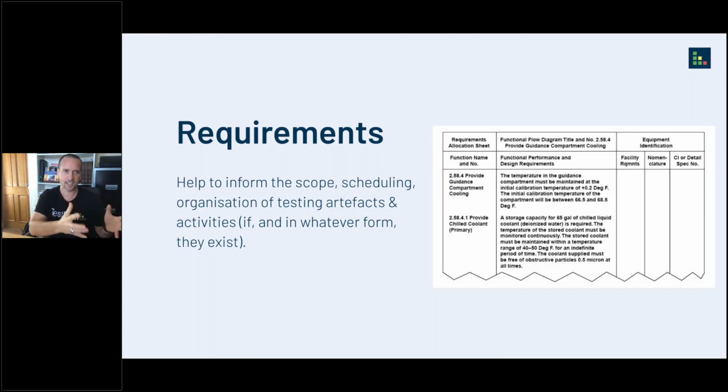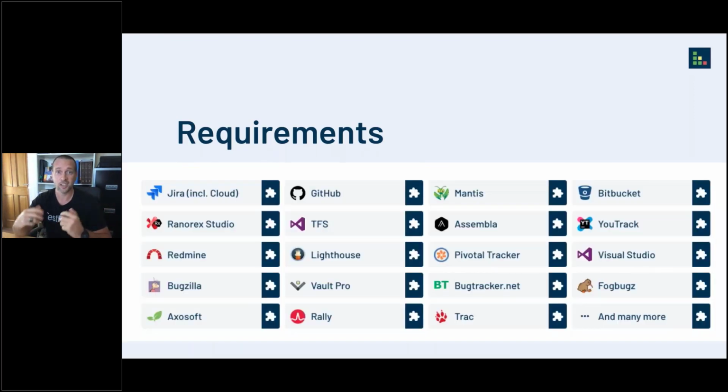TestRail is a test case management system. It's not a requirements management system. That being said, TestRail does integrate with a huge number of requirements management tools, and the integration and configuration of those tools is very easy in almost all cases.